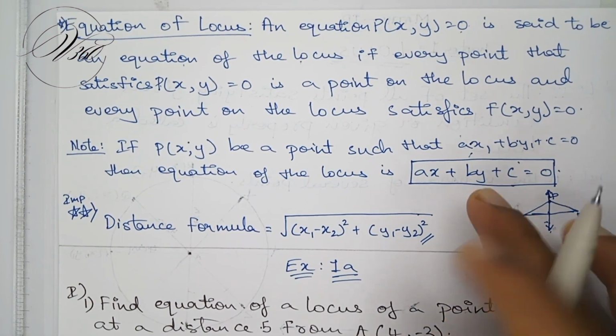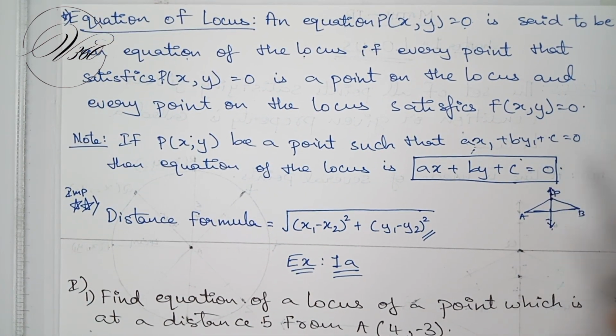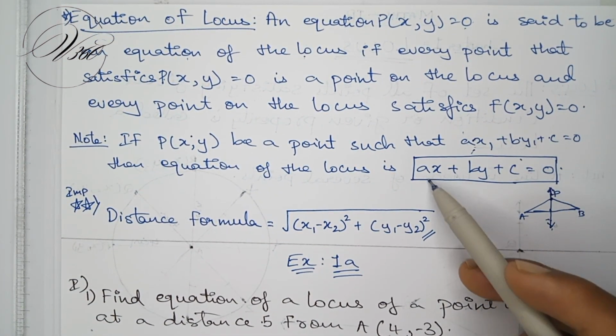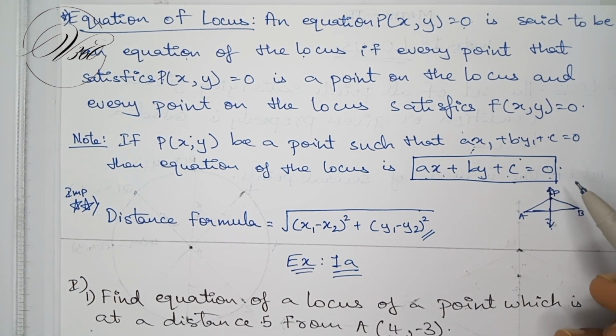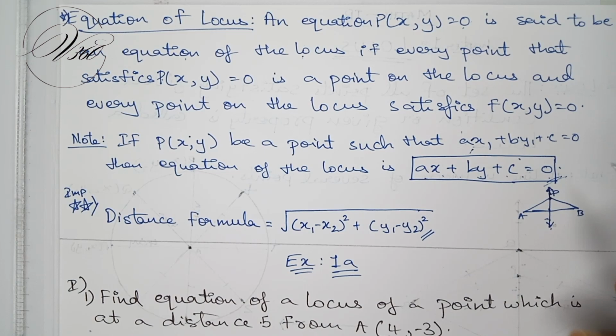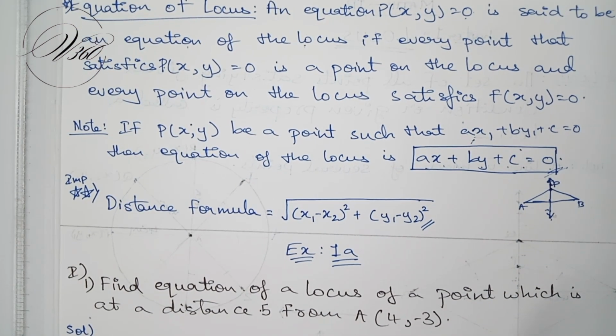We should convert this equation to the general form, that is ax plus by plus c equals 0. Okay, I hope you understand.